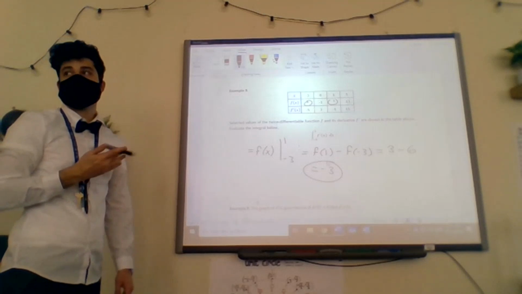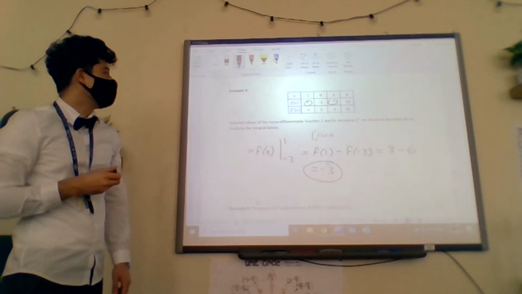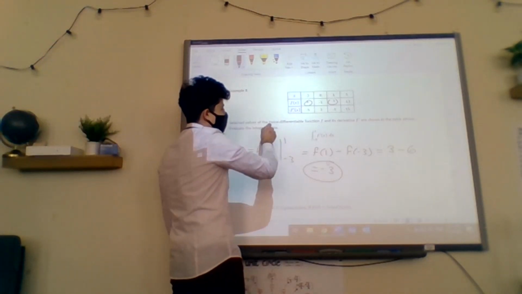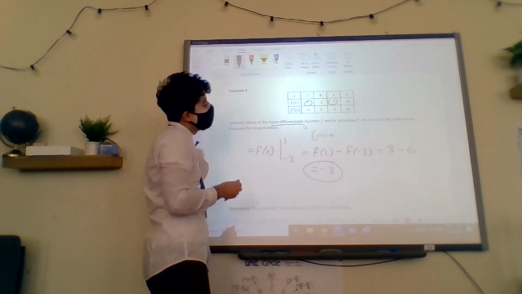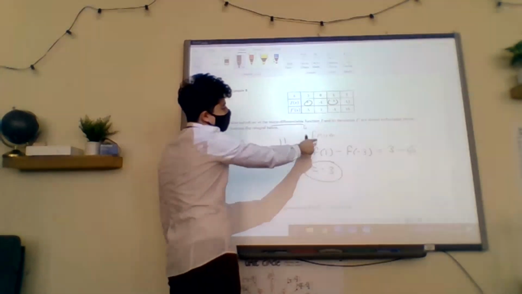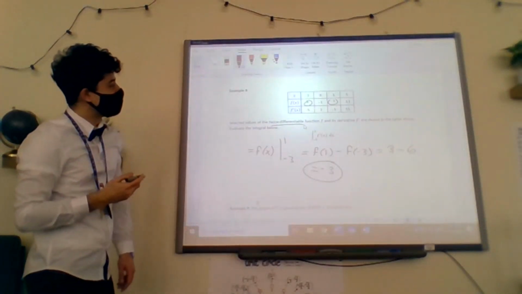Cool. You didn't need to know a lot of this information, really. You didn't need that it was twice differentiable at all. Well, I guess you kind of did behind the scenes, because twice differentiable means that the derivative is continuous, so you can apply the fundamental theorem. But that's the only reason.